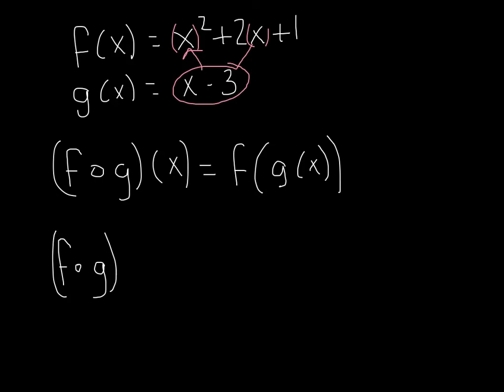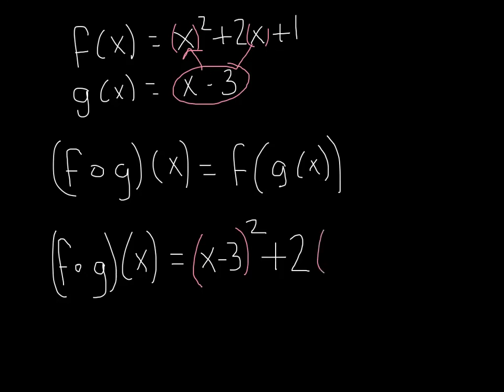And it looks like this. So just to be clear, here's the pink parentheses, and I'm going to put in x minus 3 and then square it. I'll do that on the next step. And then I'm going to plug in x minus 3, multiply that by 2 on the next step.